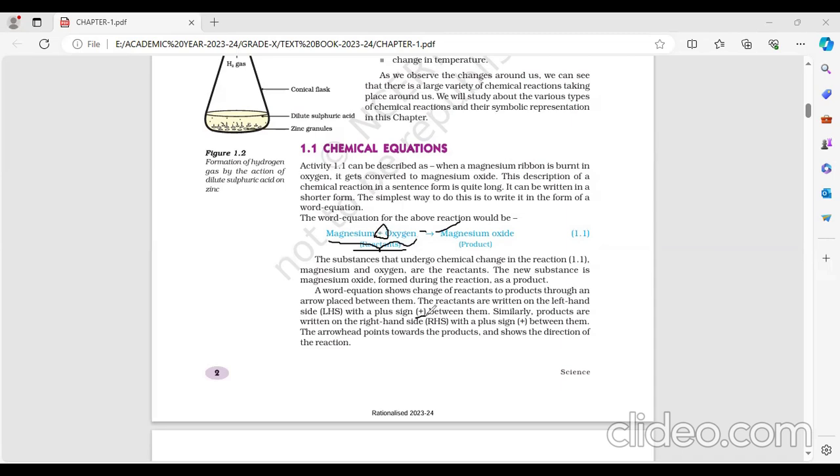On the right side, we have obtained only one product, so I am not using any plus. But if we get more than one product, then we separate the products by using a plus symbol. I have already explained this yesterday also. Understood now? Fine. This is what he is explaining in this paragraph.